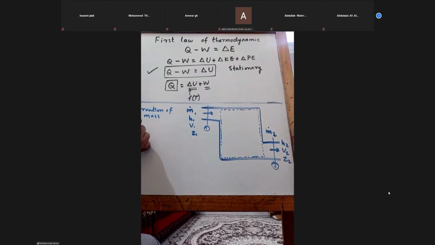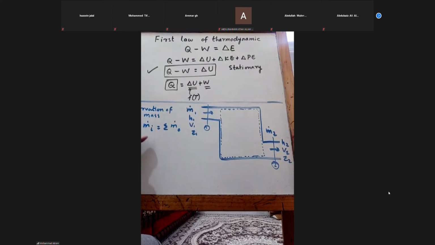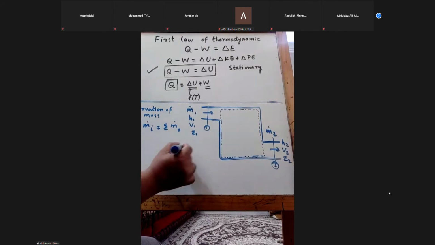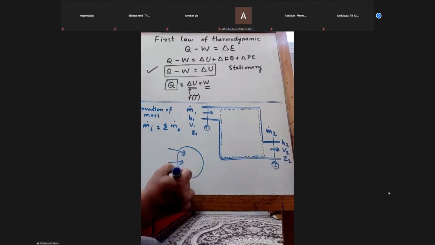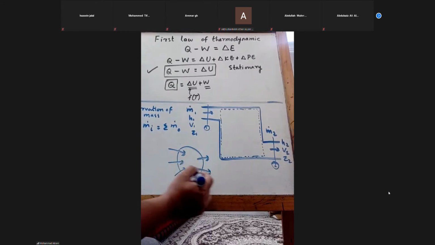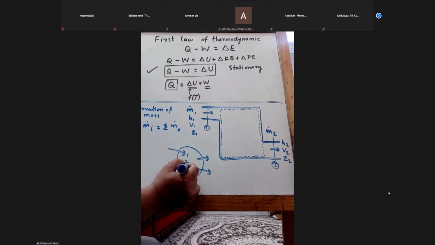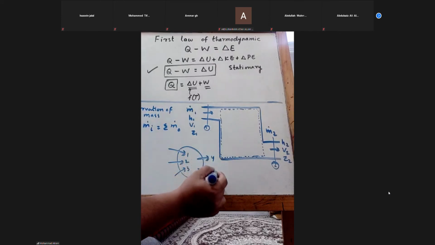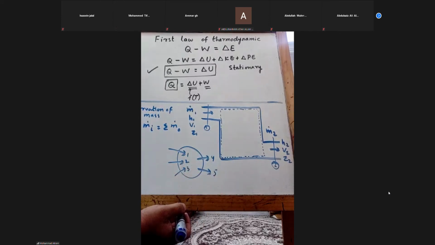So you can write that summation of mass at inlet is equal to summation of mass at outlet. In general, you can write this. If you have multiple inlets and multiple outlets, the summation of 1, 2, 3 will be equal to the summation of 4 and 5. Yes, this is the conservation of mass.